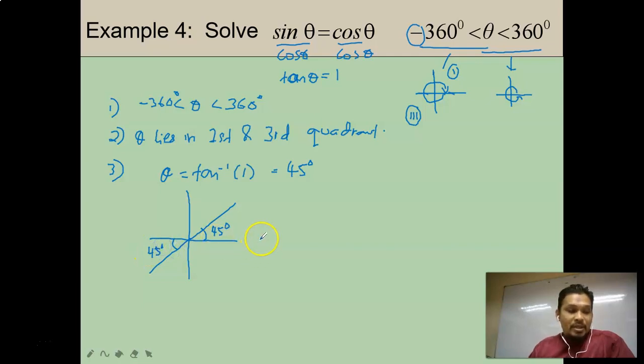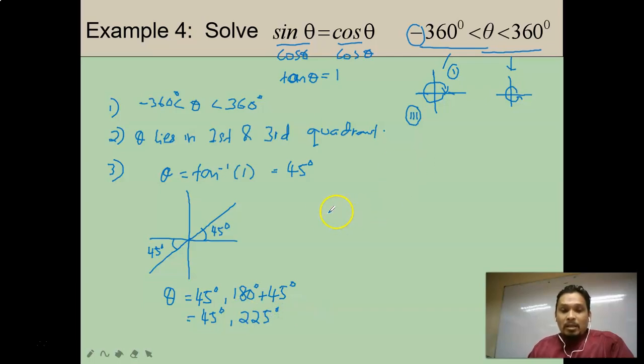So then theta first is 45 degree and also 180 plus 45 degree, which is equal to 225.